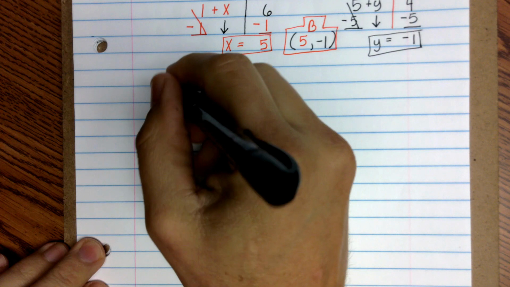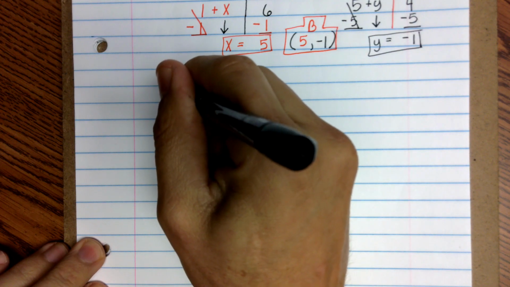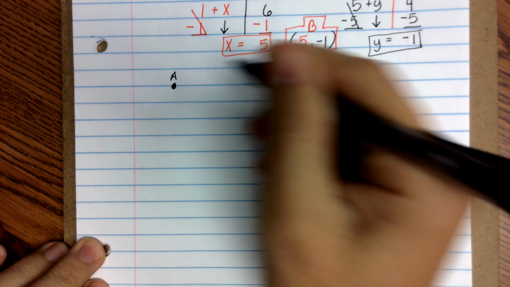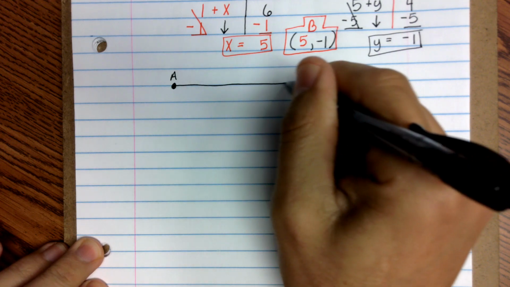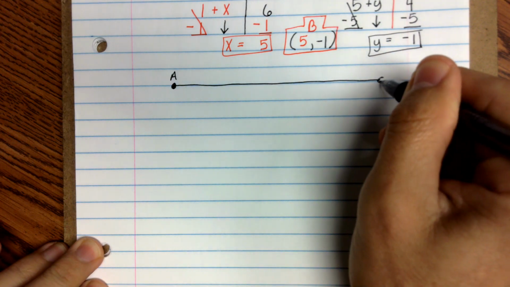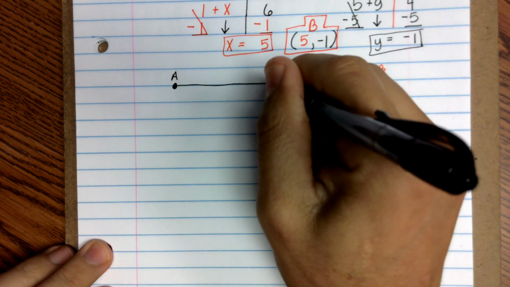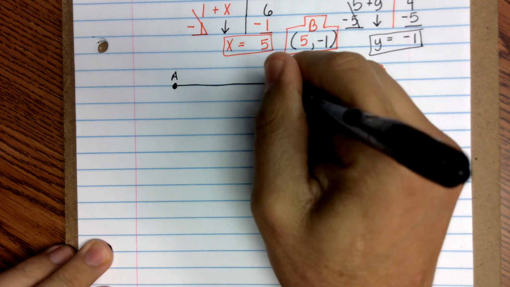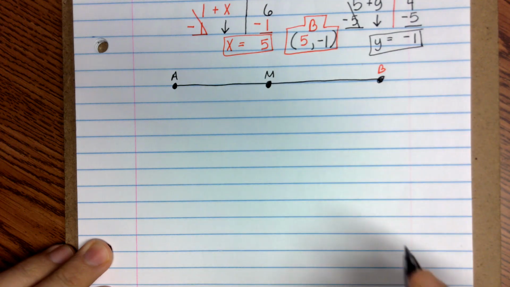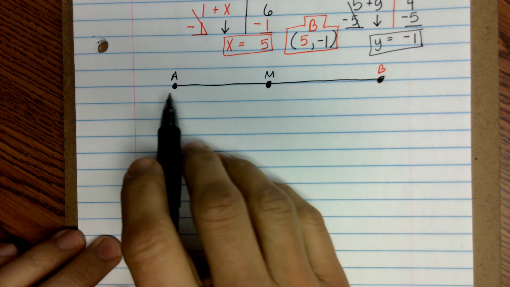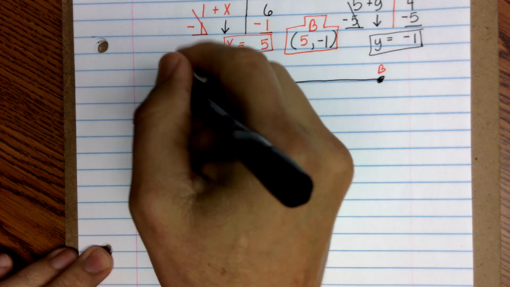Now I'm going to redraw my line segment. So that's point A. I'm going to draw this over here. And we're trying to find point B. And we know our midpoint right here, that's our M, that's our midpoint. So what I want you to imagine is they gave us the A value.